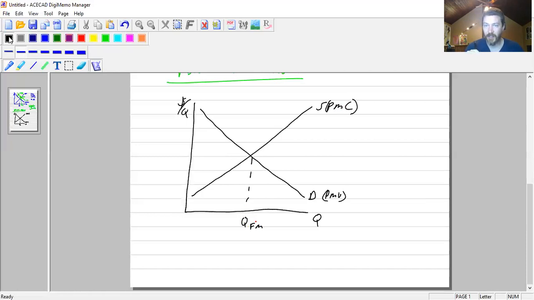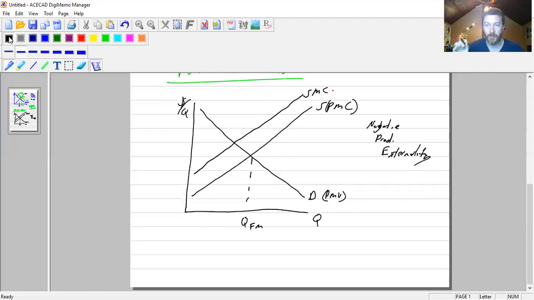So let's do this. There's our original setup. We're going to go back to the first example we went through. I could just flip back to the same figure, but I'm not going to. Let's go back to that first example of a negative production externality. In this case, we have this marginal external cost, and we add that marginal external cost to the private marginal cost to get the social marginal cost, right?